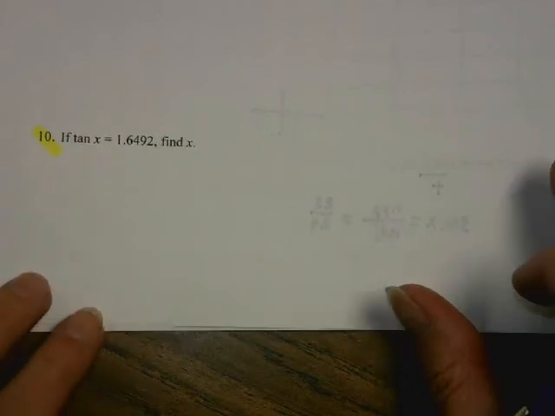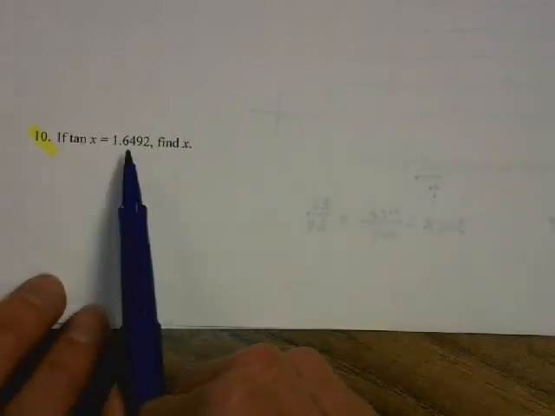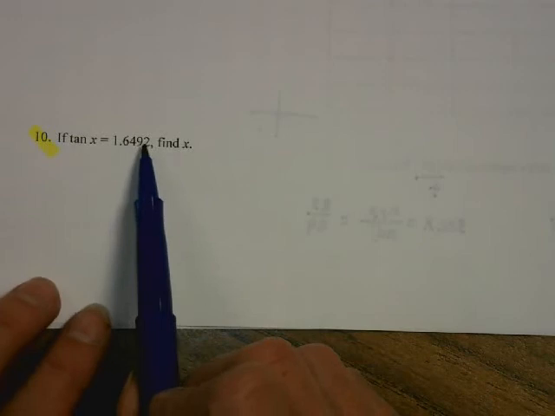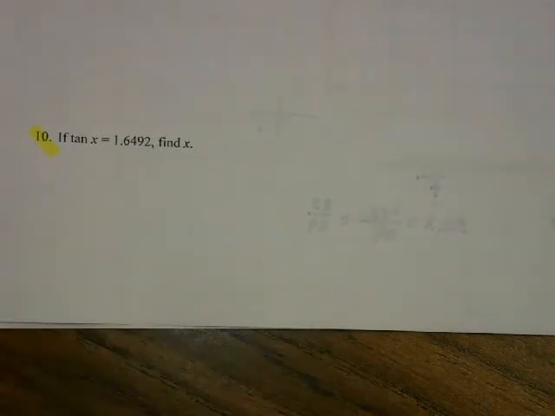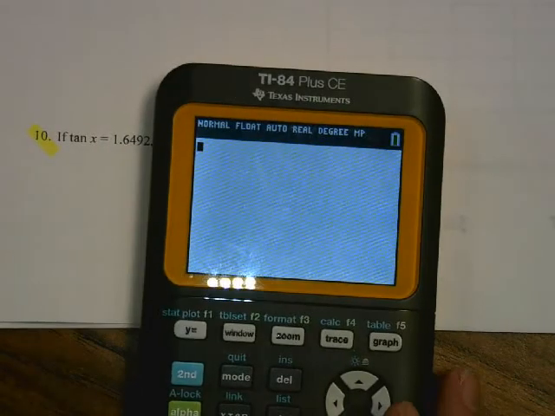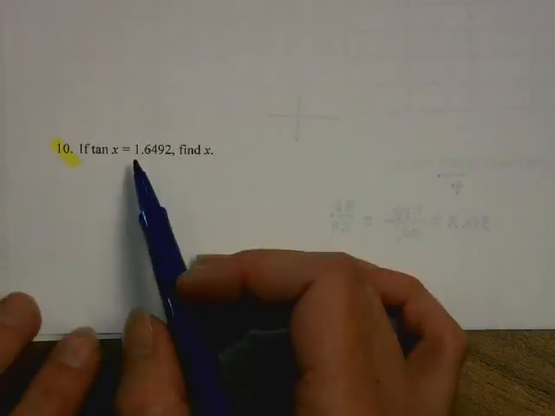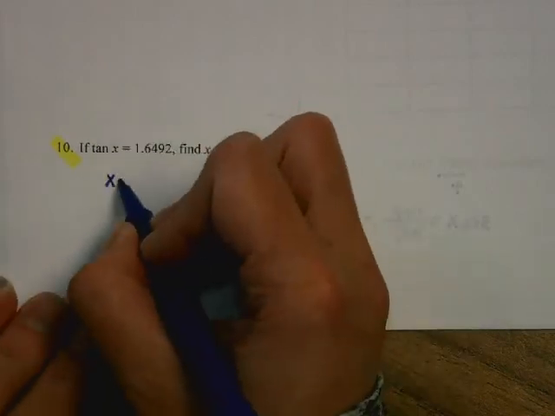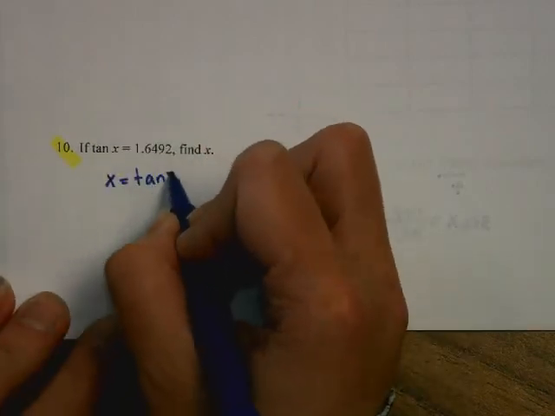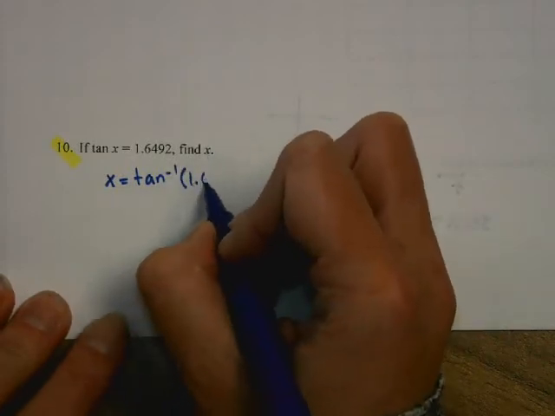The last problem I'm going to do is if tangent of x equals 1.6492, what is x? For this, we're going to use the calculator. This is saying tangent of what angle gives me this. So what we have to do is inverse tangent.